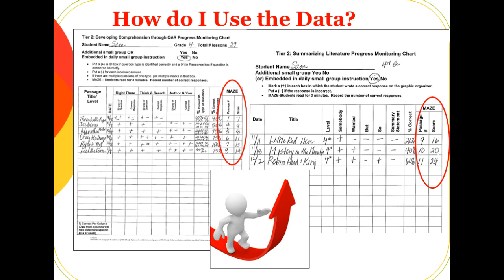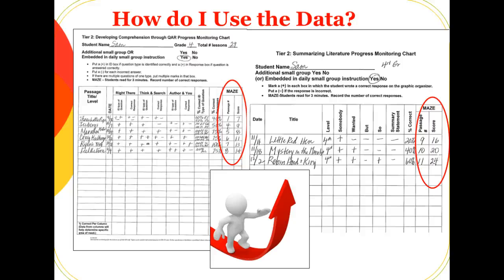So it would look like this. Let's say Sam had been in QAR, he completed that intervention, but still needed more work with comprehension. So then you're going to be using the summarizing literature intervention. We go to the QAR progress monitoring chart, and we can see he did passages 1 through 8.